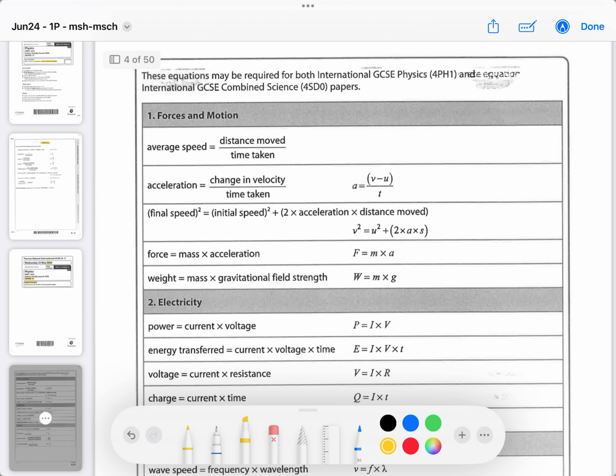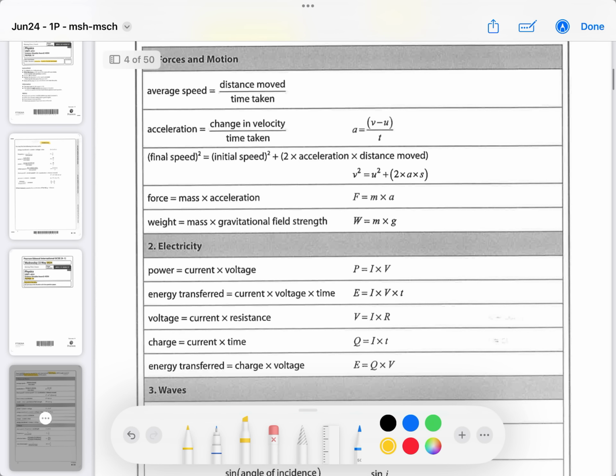So it says the equations may be required for GCSE physics, I mean IGCSE, and the GCSE combined science papers. So this is for paper 1. So forces and motion, the equations you need to know how to use. They're given in word equations, and then they're given in the symbols.